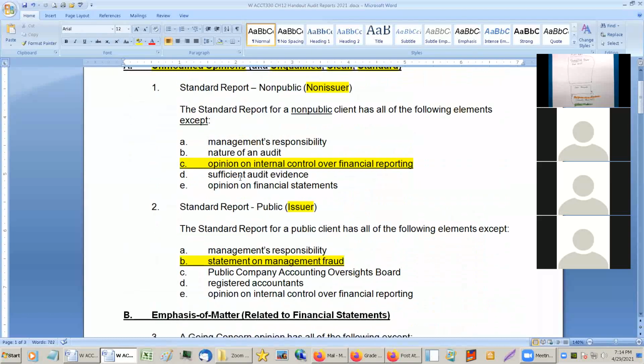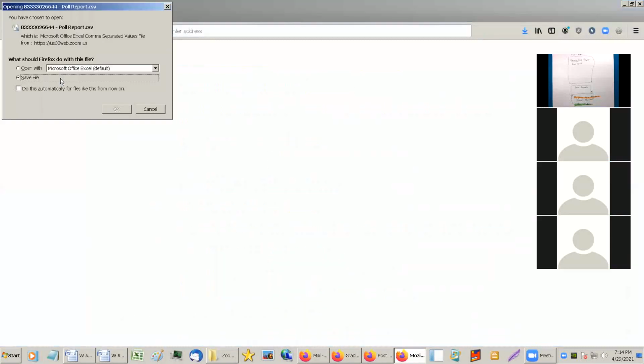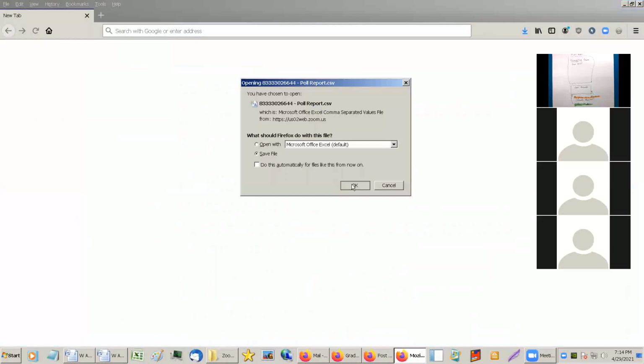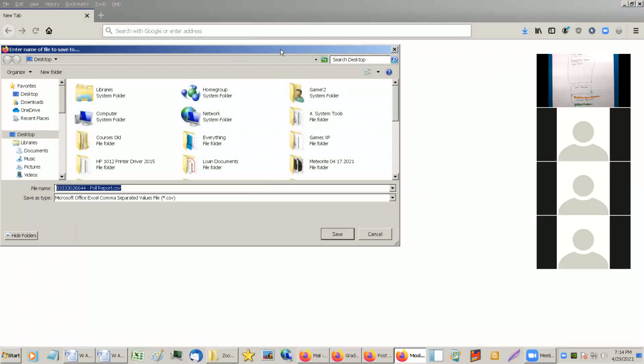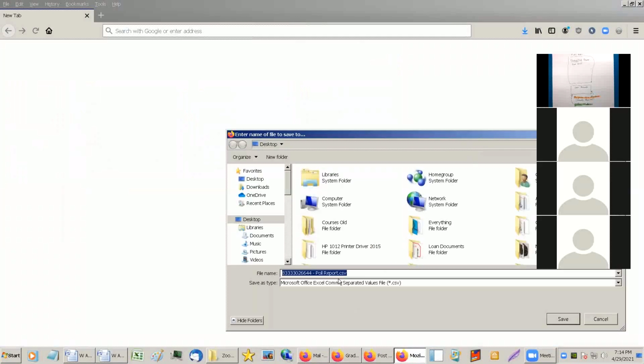Oh, wait. I'm sorry, I didn't put the new poll up. I got to close this one. I think I told you this before, but when it has me save these poll reports, they all save as the same one. It's so irritating. You think that they have the date, time and all that kind of stuff. None of that. It saves exactly the same report every time.